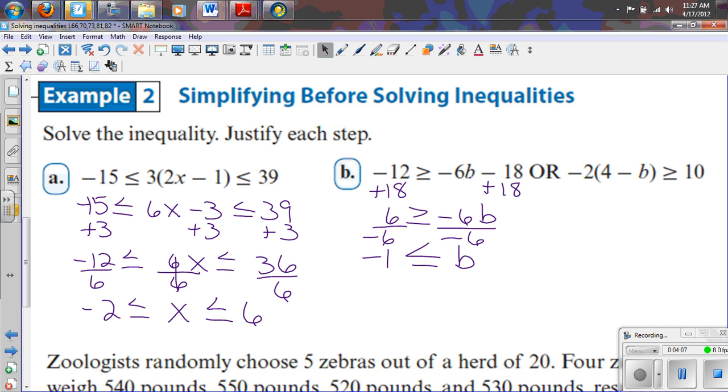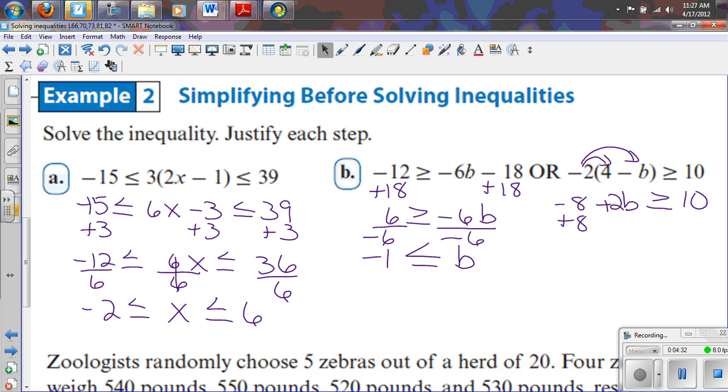Then we do the second part, and we have some distributive property. Negative 2 times 4 and negative 2 times negative b. That's negative 8 plus b is greater than or equal to 10. Then this is down to a 1 step. This is minus 8, so we're going to add 8 to both sides. Oh, I forgot the 2 right there.